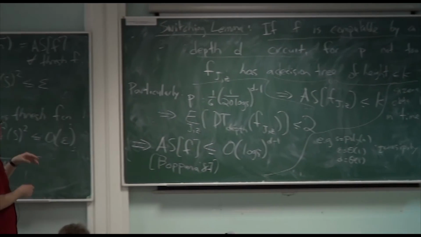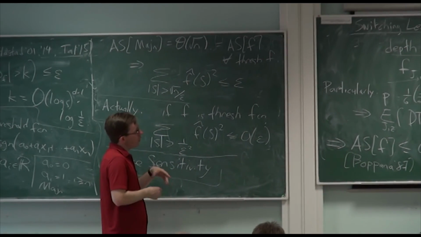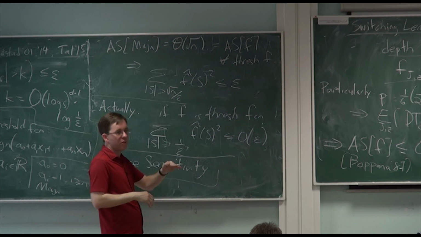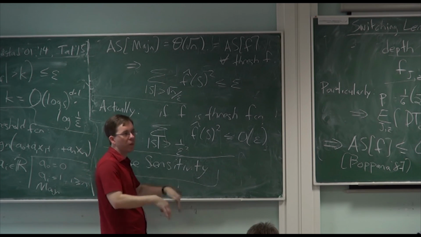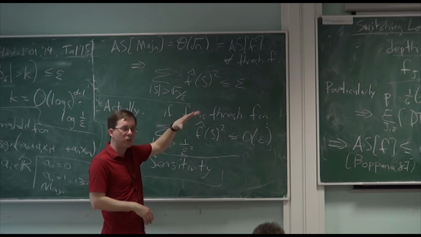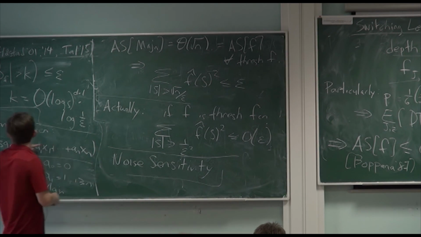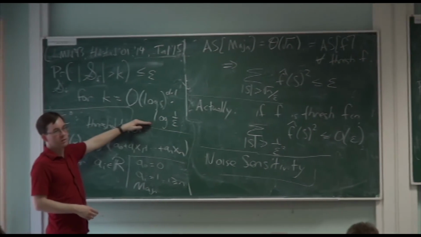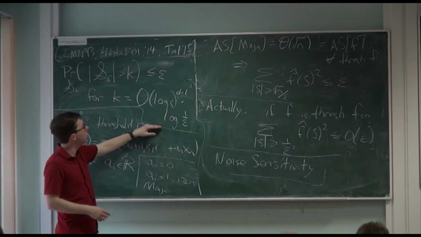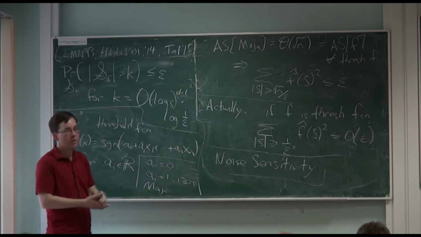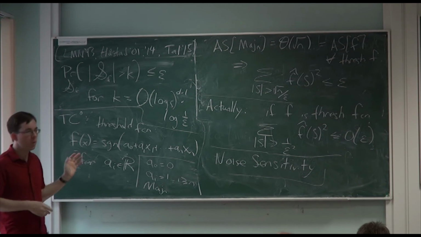And then you can understand: if you know that the Fourier spectrum is capped at a certain height in expectation over a random restriction, what does that tell you about the Fourier spectrum of the original function? If you work not very hard, you get almost this result. And if you work a little bit harder, and we'll see it next time, in a few days, you can get this strong result. So it's a similar argument, but more involved.